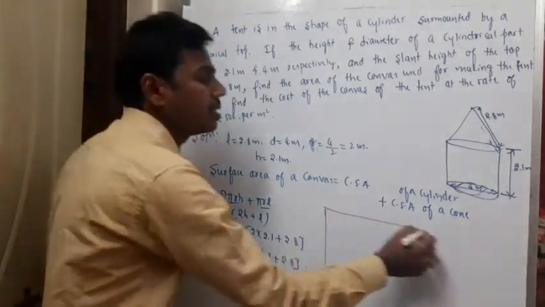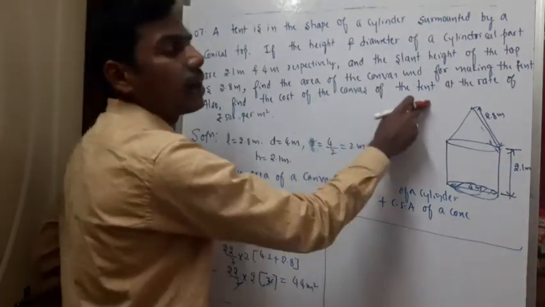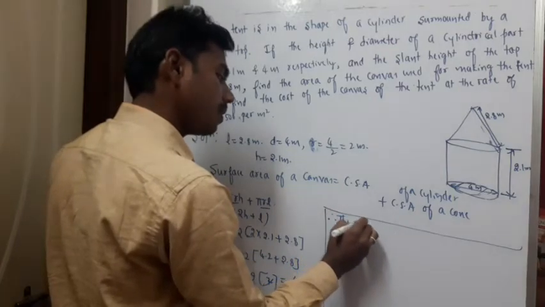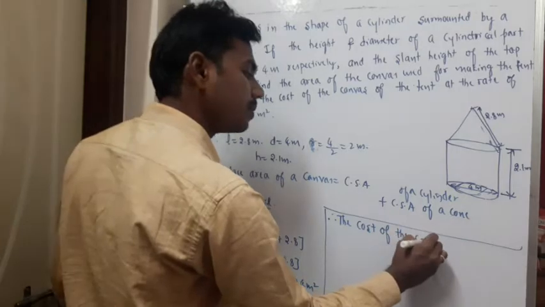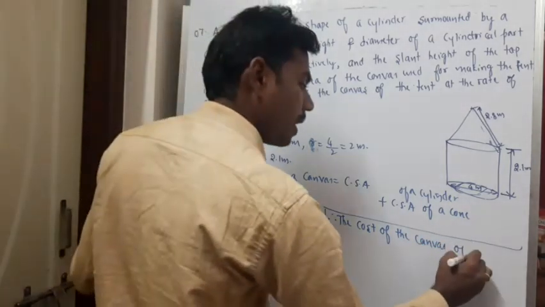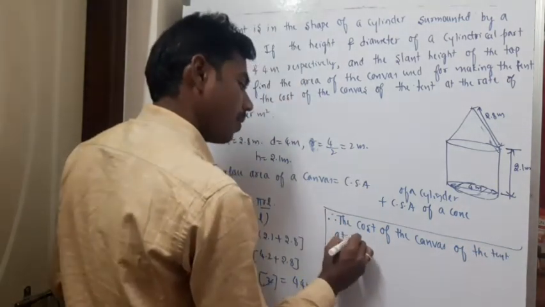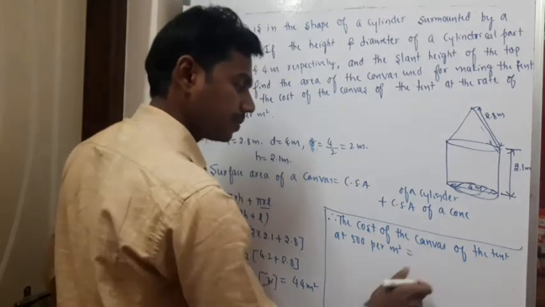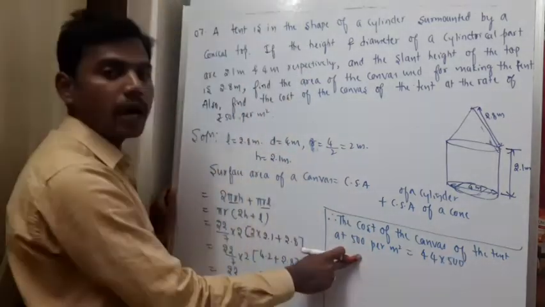Next, what is the next part? We need to calculate the cost of the canvas of the tent. Therefore, the cost of the canvas of the tent at 500 per meter square is equal to 44 multiplied by 500, because per meter square it is 500 rupees.